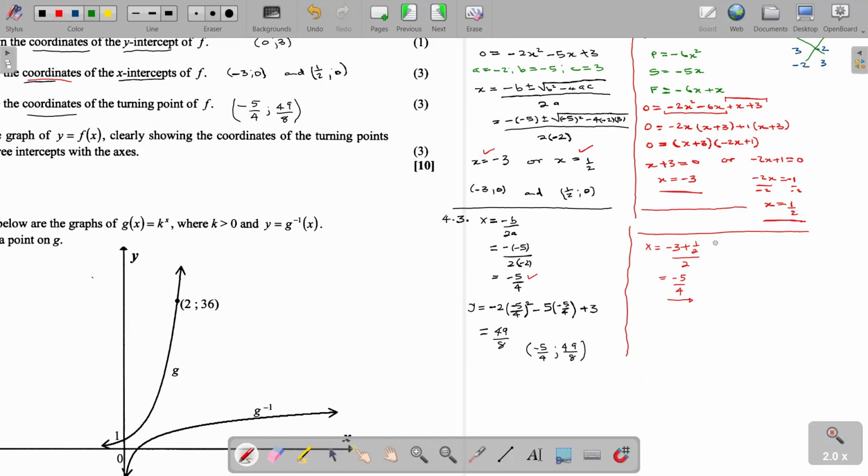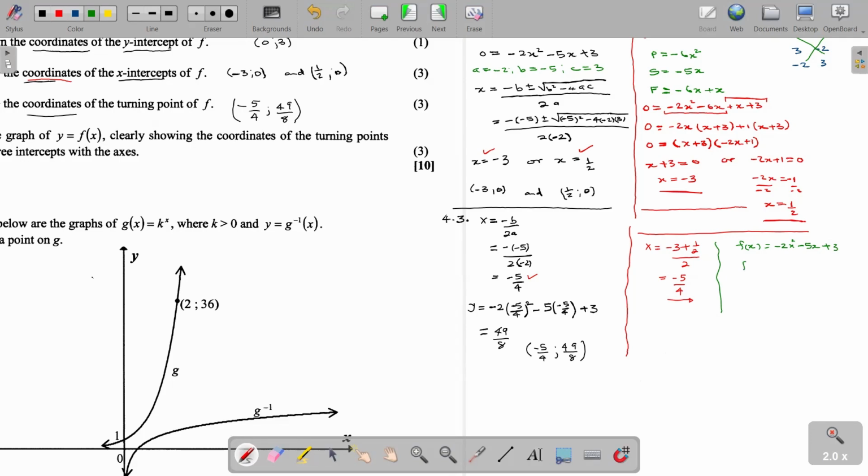Again, alternatively, to get that x value at turning point, we have to know that at turning point, the first derivative will be equal to 0. So we are given that fx is equal to minus 2x squared minus 5x plus 3.